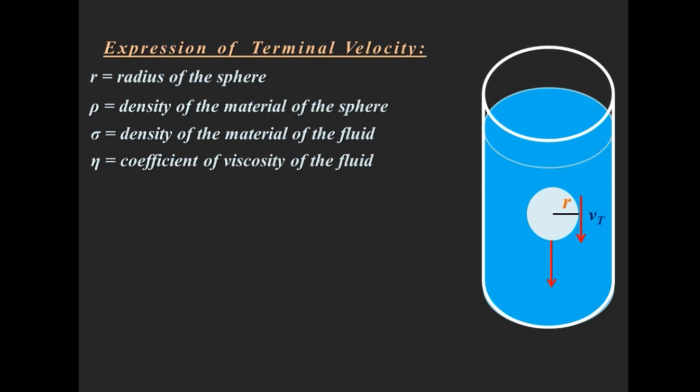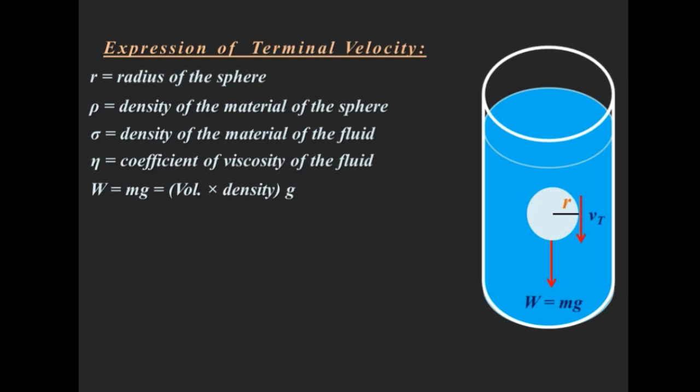Now, since this spherical body has some weight, this weight will always act downwards, which is given by W equals mg. Now, what will be the exact value of this weight? Let's find it out. W is equal to mg. Now m is mass, and we know mass is volume into density.